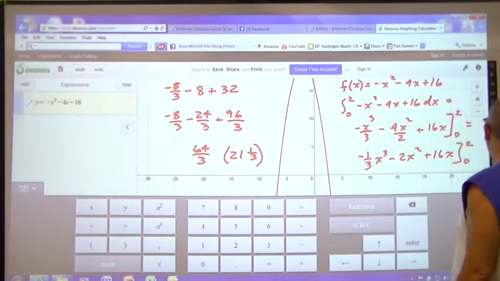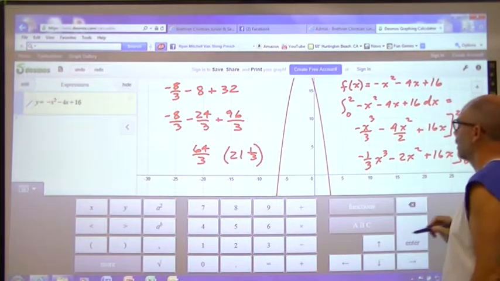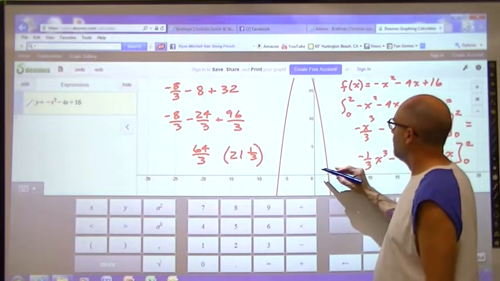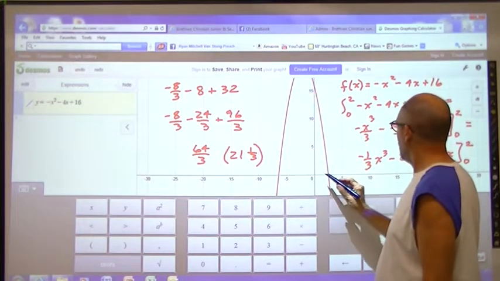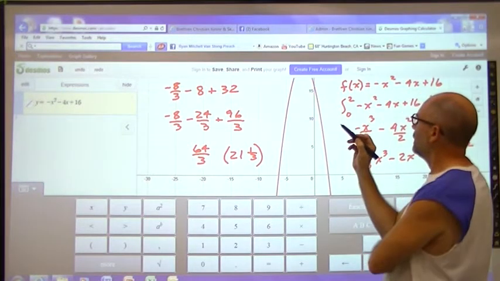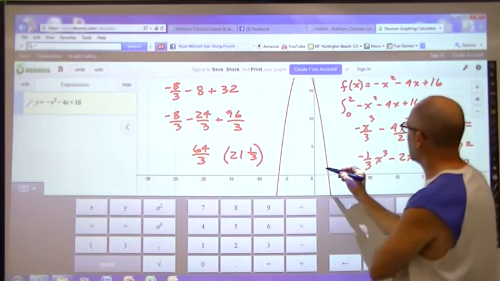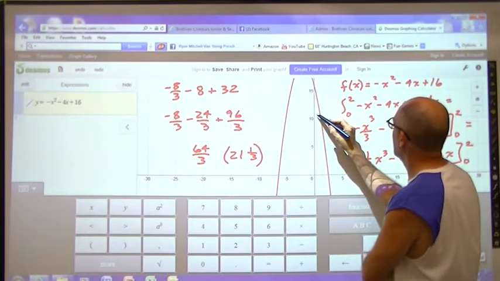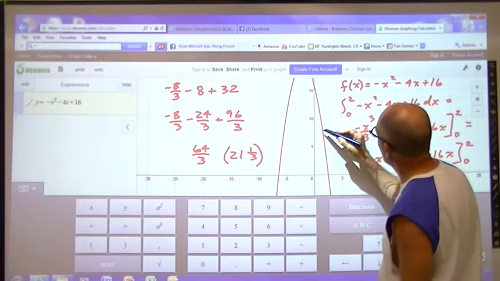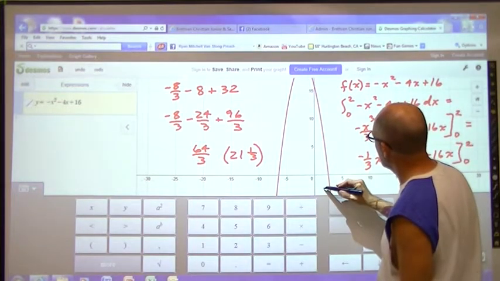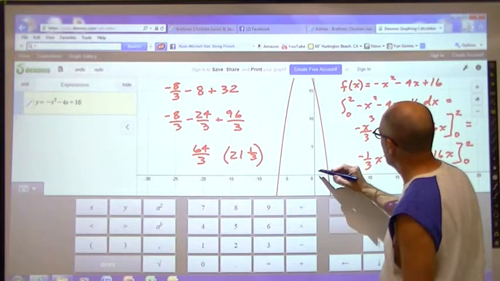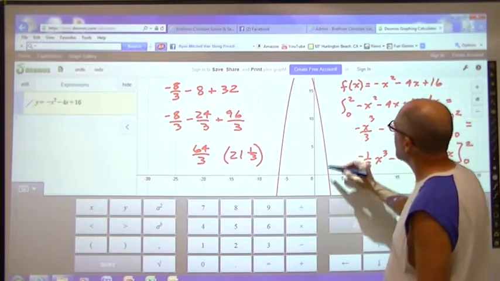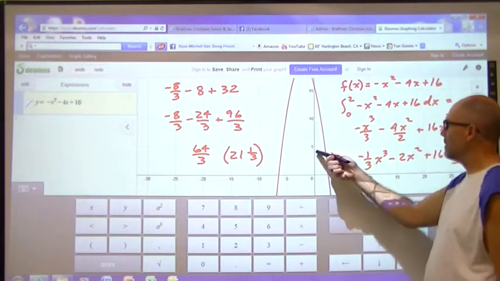Okay, if I were to count the squares here, see, that actually looks a little low. 1, 2, 3, 4, 5, 6, 7, 8, 9, 10, 11. No, it could be right. 12, 13, 14, 15. Yeah, if you count the partials in here, that's going to be like 21 and a third.